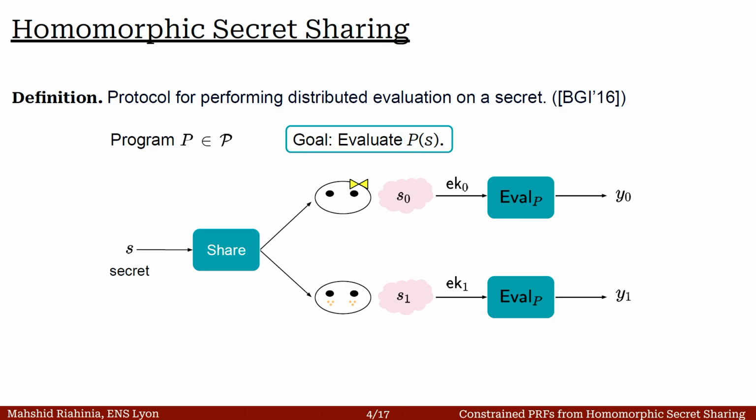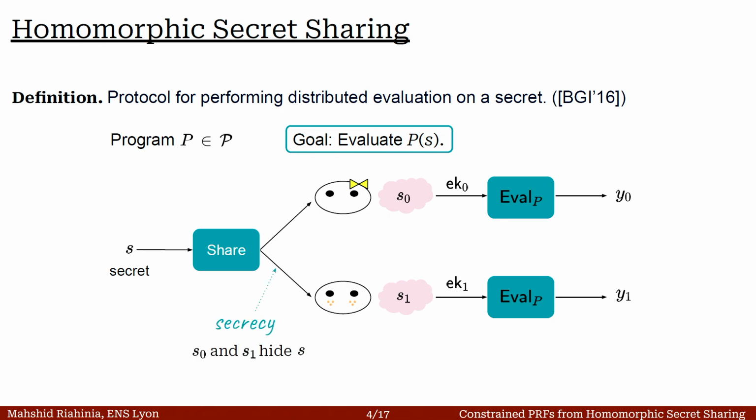These shares can be some encoding, not necessarily additive shares. It also gives some evaluation key to each of them, and then has them run some evaluation algorithm on their inputs with respect to this program P to get some output.